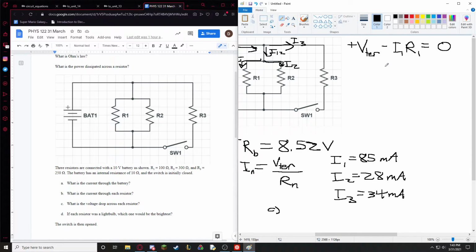And the same thing if we wanted minus I2 R2 or minus I3 R3. So those could be our 3 equations: V terminal minus I1 R1, minus I2 R2, and minus I3 R3.